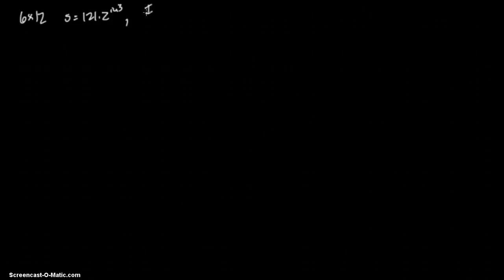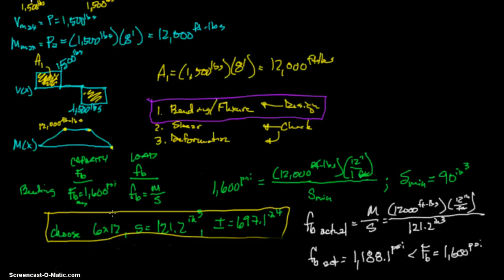inches to the fourth. All right. And we need to check out if it works for shear. Actually, let's take out a moment, we're going to need both of these.